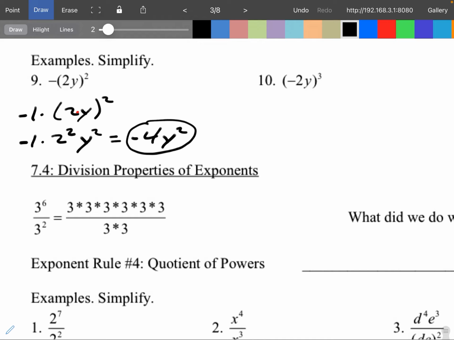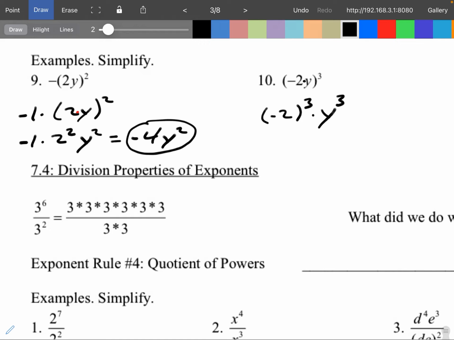So it's a negative 2 that's raised to the third power, and the y is also raised to the third power. There's your multiplication right there. And again, notice that generally in this class, whenever I have a negative number to a power, I always put that negative number in parentheses.